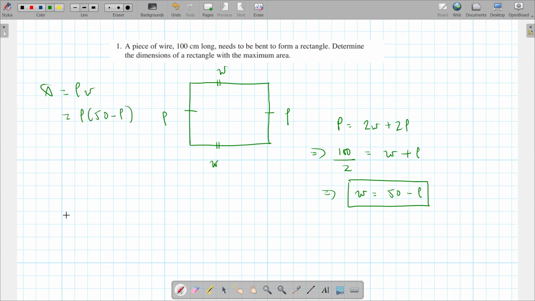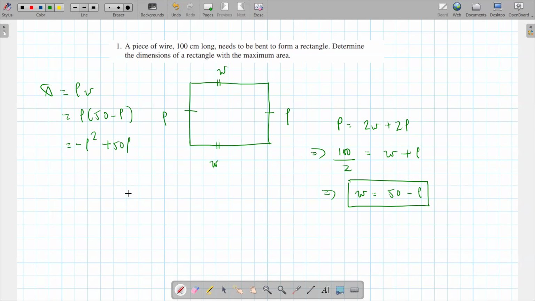Open the bracket, what do you get? 50L minus L squared. I'll write it as negative L squared plus 50L. That is our area function.